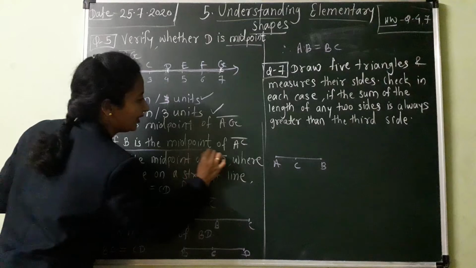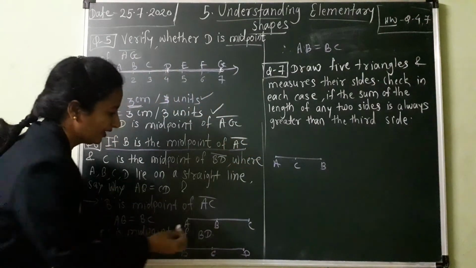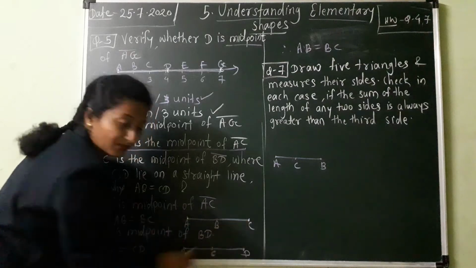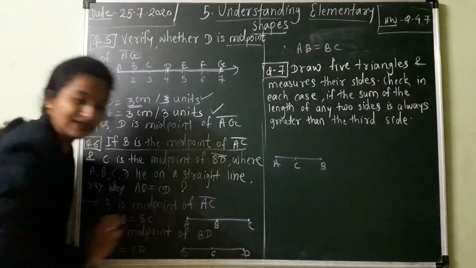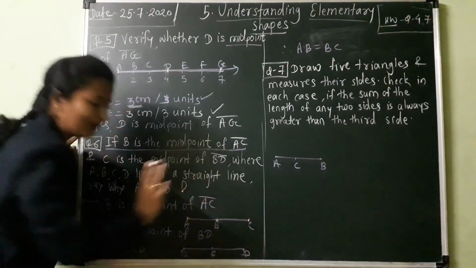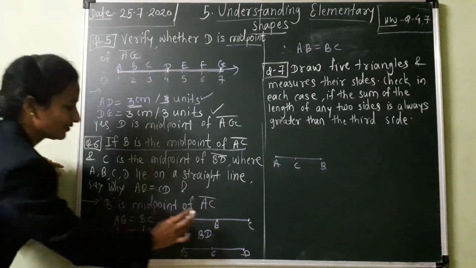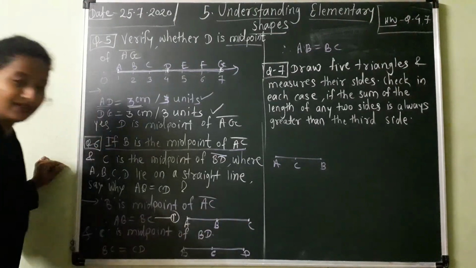If B is the midpoint of line segment AC, see, this is the line segment AC, and B is the midpoint of AC. Means the length of AB is equal to the length of BC. This is equation number 1.